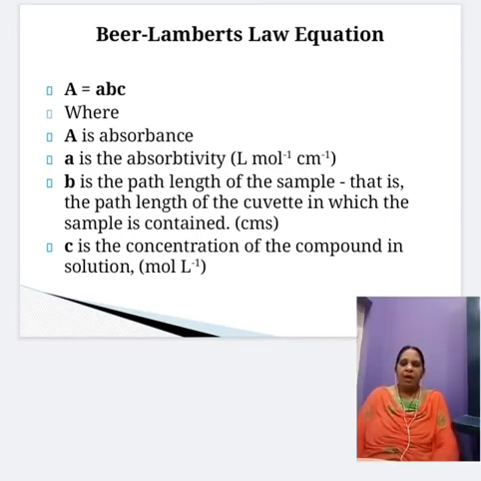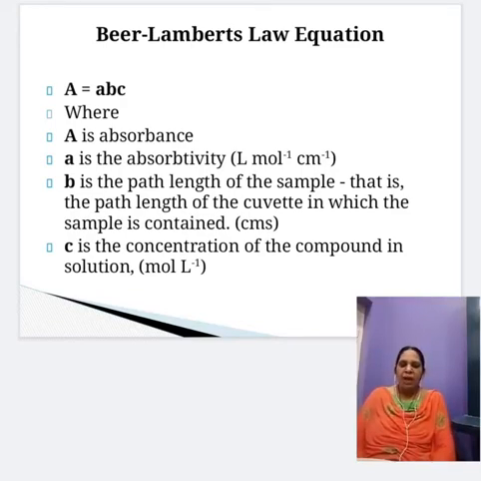Once again I would like to specify the equation. Absorbance is given by the relation A = abC, where capital A is the absorbance of the solution.